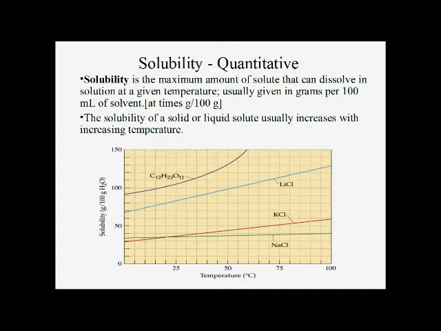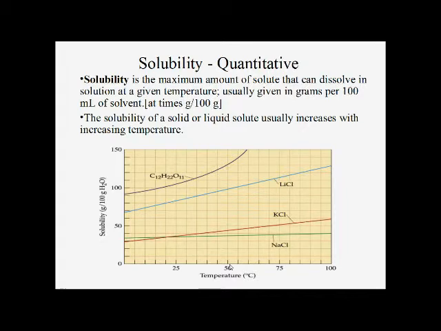We can also make solubility quantitative, which is usually what we want to do. So we give an amount of solute that can dissolve in 100 milliliters of solvent. That's our standard way of specifying solubility. And for liquids and solids, solubility generally increases with increasing temperature. But the way it increases can vary significantly.